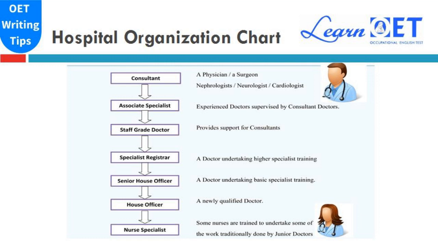Below the junior doctors is a very important position, a nurse called a nurse specialist or clinical nurse specialist. A nurse specialist means some nurses are trained to undertake some of the work traditionally done by junior doctors. That means a nurse specialist can consult patients and also prescribe certain medications, not all medications.